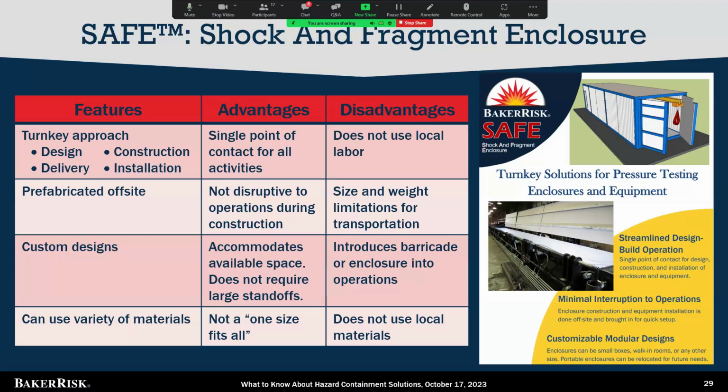And then lastly, a feature is it can use a variety of materials. We've offered SAFE enclosures using things such as concrete, steel, ballistic blankets, Lexan panels, and others, just to name a few. So it's not a one-size-fits-all. It can all be custom for the specific application being considered, but a disadvantage, it's not going to use local materials.